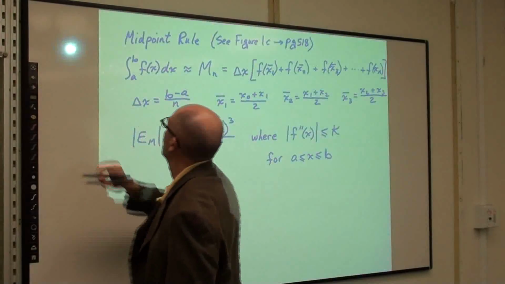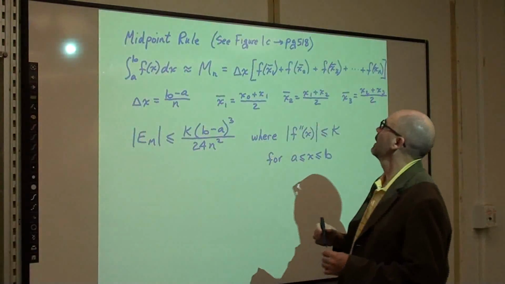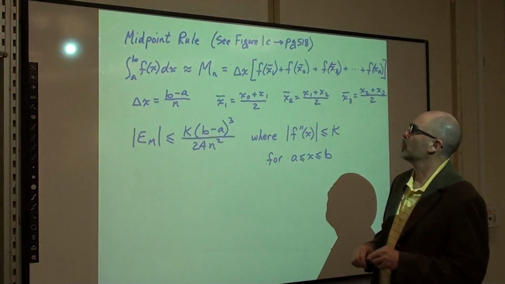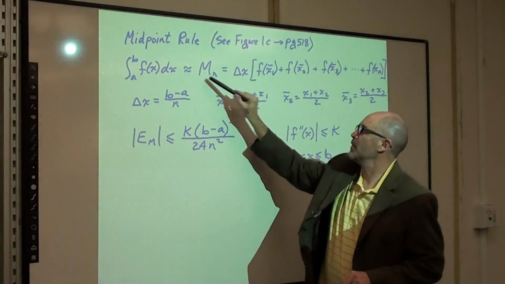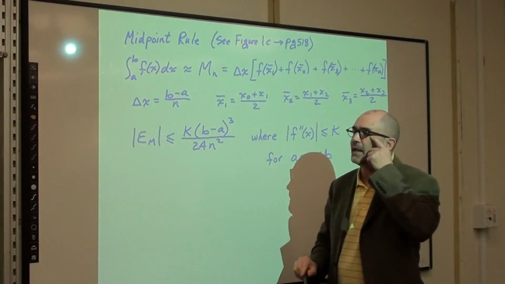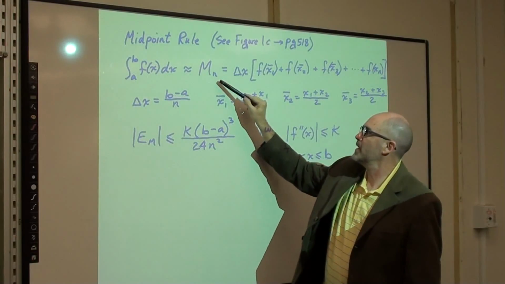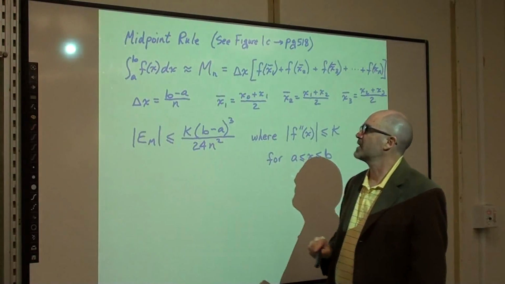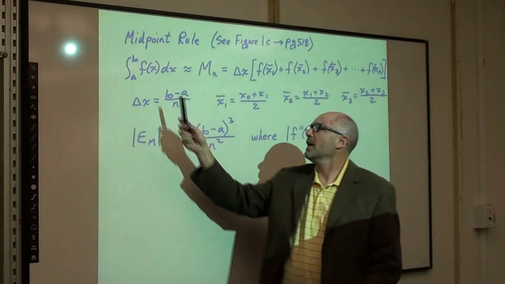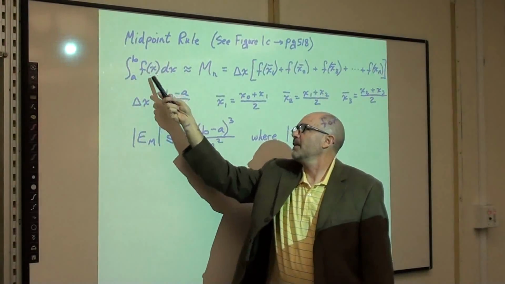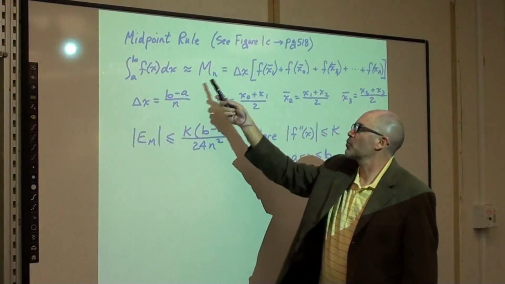Okay, so the midpoint approximation is going to be capital M sub n, which means we're going to do a midpoint approximation with n rectangles.